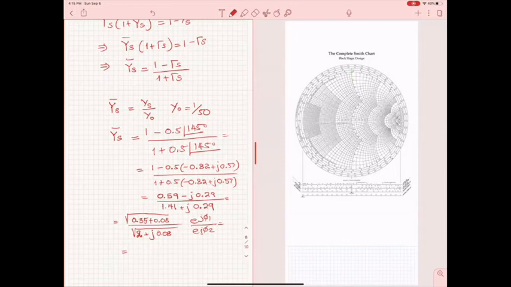And that is about 0.45. Okay, and then we have 0.29 divided by 0.59.